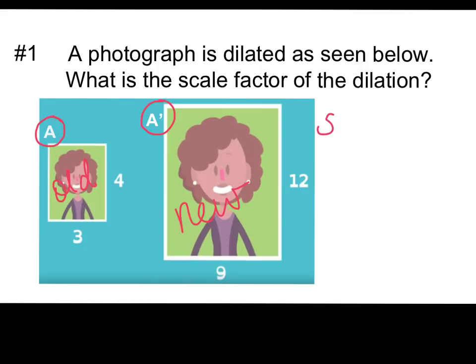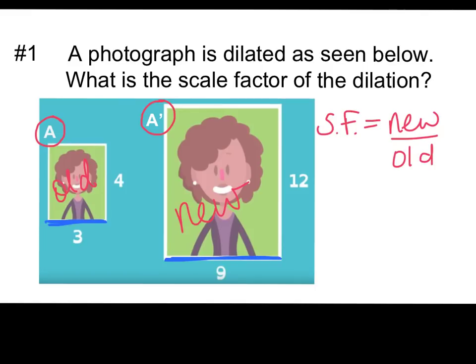Now remember that scale factor is new over old. So to determine the scale factor, you want to choose two corresponding sides. So if you look at this length, it corresponds with this length. Okay, so this one corresponds with this one. And we are going to go ahead and plug that into our new over old formula.